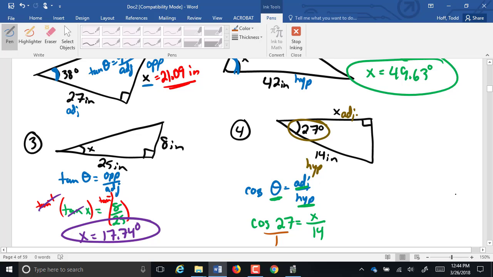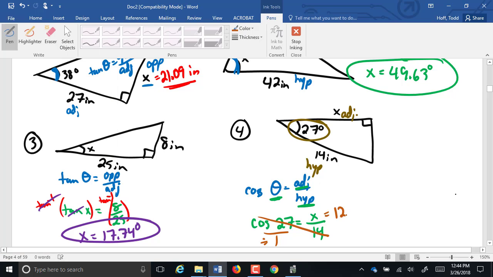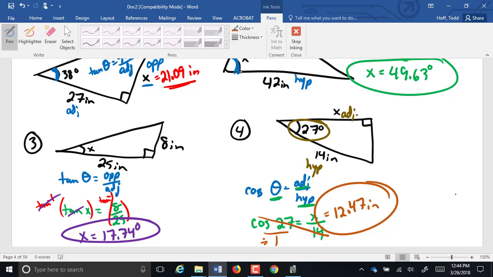Put that trig function over 1. It is now cosine of 27 times 14 divided by 1. Of course, we don't have to actually divide by 1. Cosine of 27 times 14 is going to be 12.47 inches for that missing side. What do you guys think?